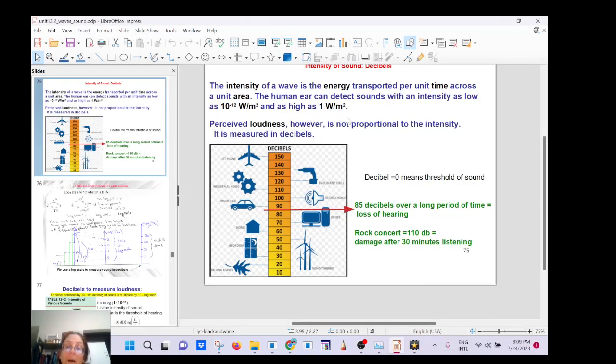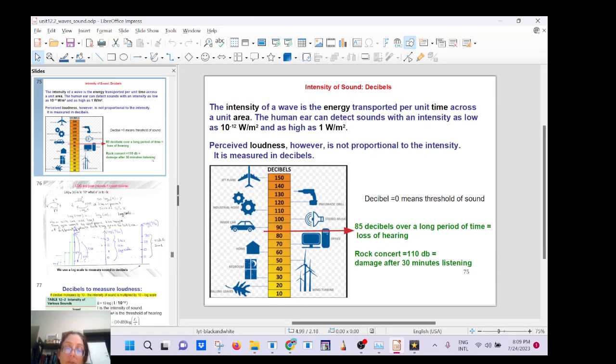So to measure how loud a sound appears to be for us, we use a different scale. We don't use watt per meter squares, we're going to use decibels. Decibels will be called the intensity level. For us, it's how loud a sound is, and it's measured in decibels. Why is that?